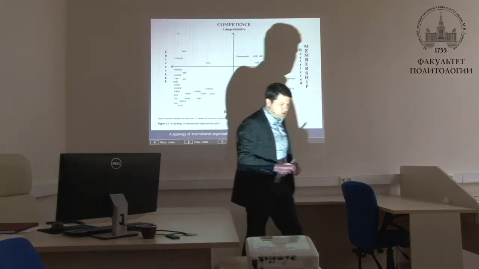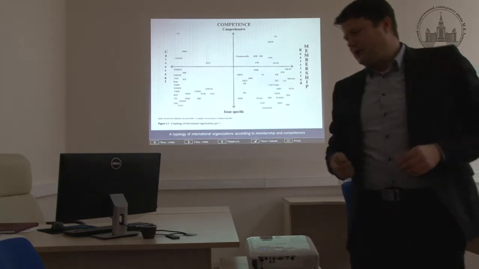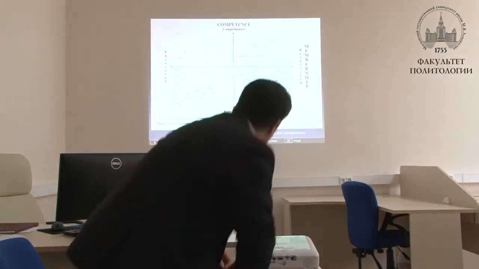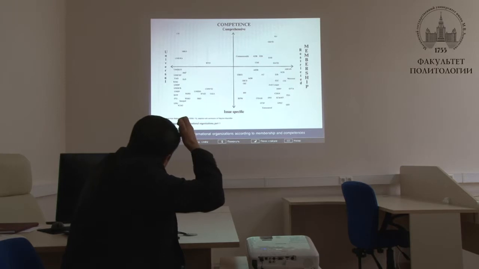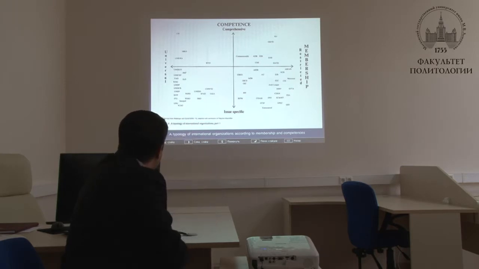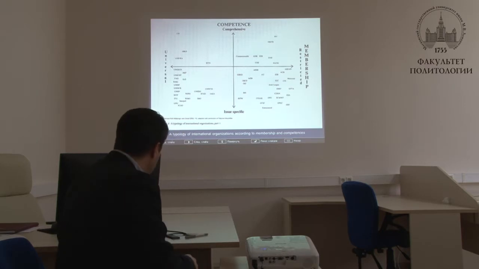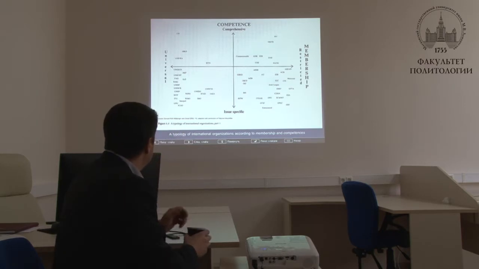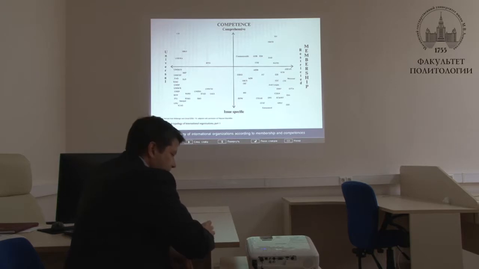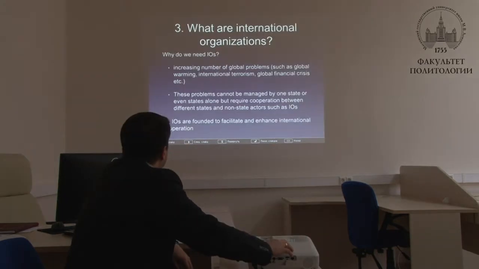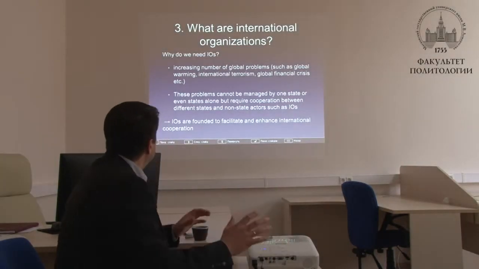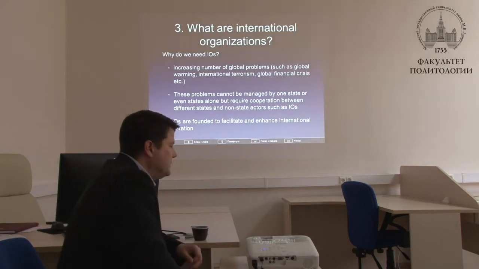So this is a way to organize international organizations according to this differentiation. This typology is derived from an introductory book on international organization by Littberger, Zangen, and Koch. So this is basically the typology.